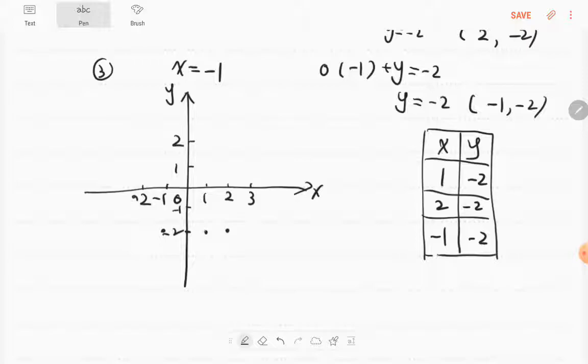Then we can connect all three. As we realize, this is a straight line. And this straight line is parallel to the x-axis. So it's y equals negative 2.